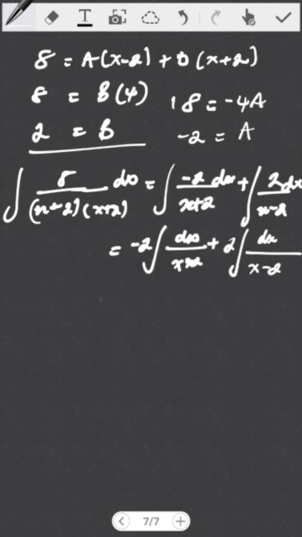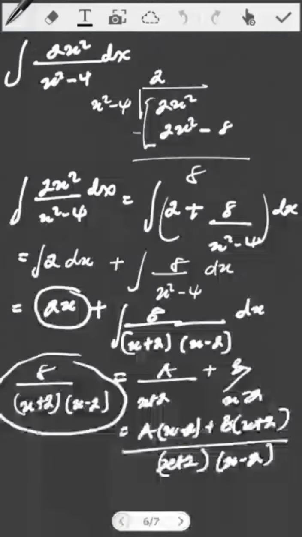And therefore, I'm going to have negative 2 ln of x plus 2 plus 2 ln of x minus 2. So now let's bring everything together.